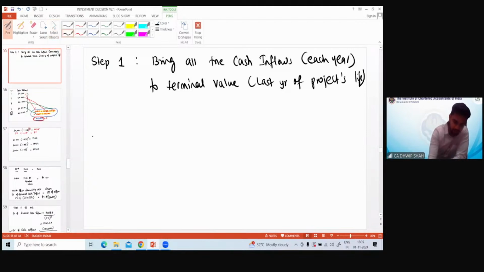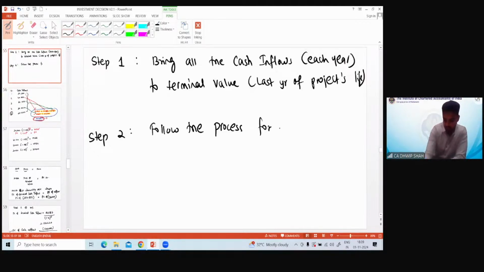Now after this, step 2, follow the process as you follow for IRR. That is, you need to use the trial and error method. And MIRR, lastly, is what?